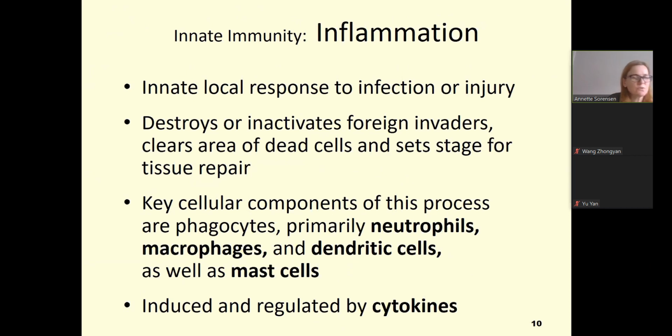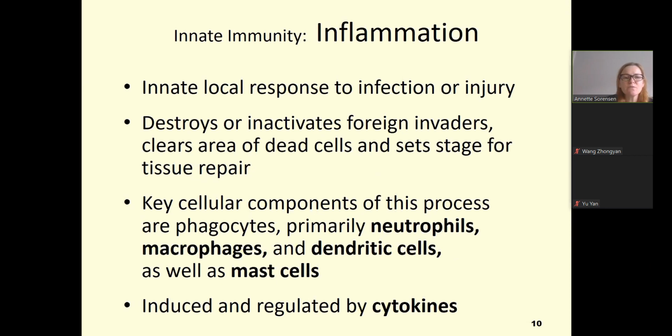Okay, so inflammation is an innate local response to an infection or injury. What inflammation does is that it destroys or inactivates foreign invaders, so pathogens, which gain access to interstitial fluid or tissues.